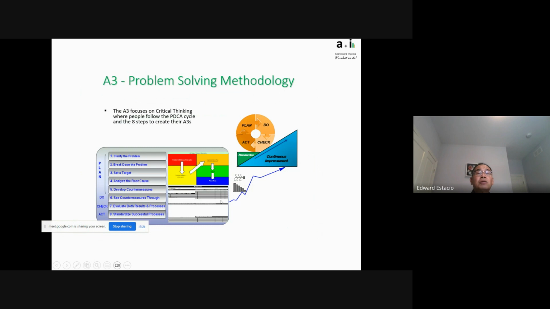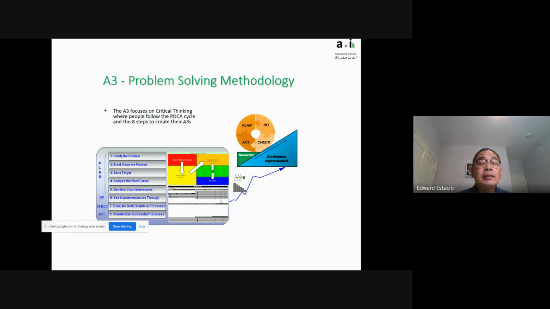We could also use it on problem solving, where in the first few parts we have to clarify the problems, break down the problems, set targets, analyze the root causes, and develop countermeasures. That's all part of the planning process.